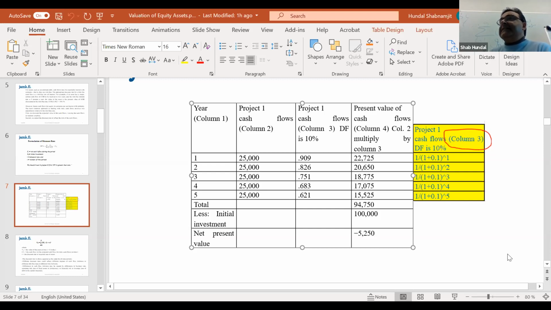It means that the sum of all the cash flows which you get after discount is not 125,000, it's 94,750. So if your sum of cash flow is less than what you invest, it's a bad project. Don't go for it. So basically, how we make a formulation, sigma, I can write it here.